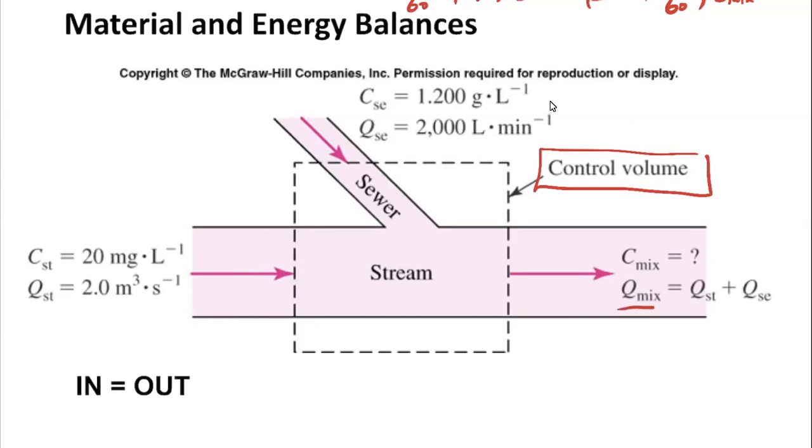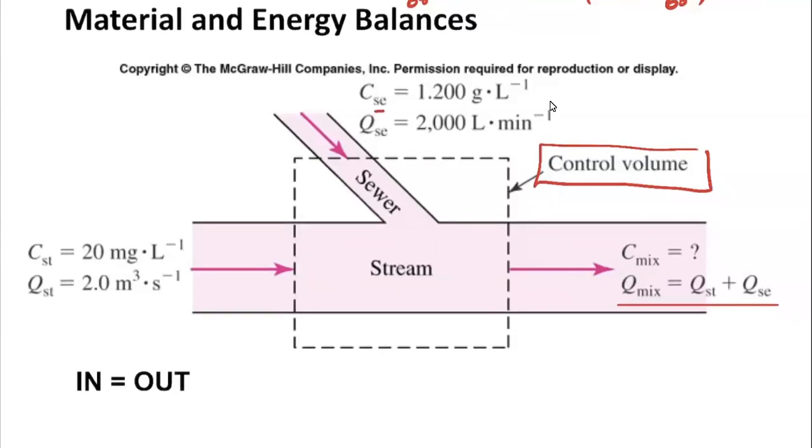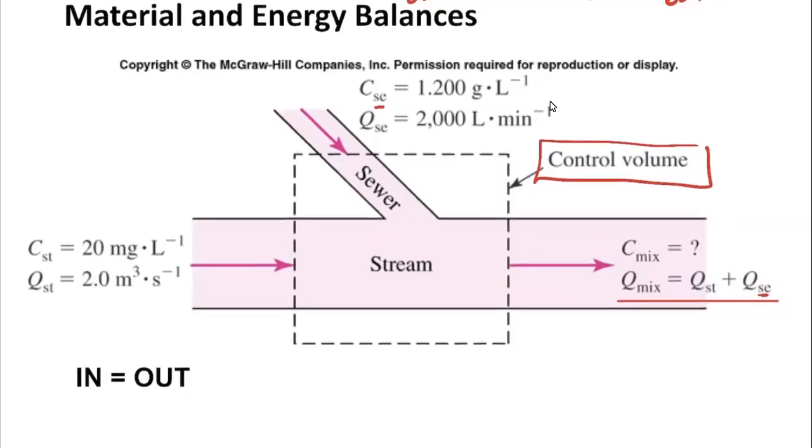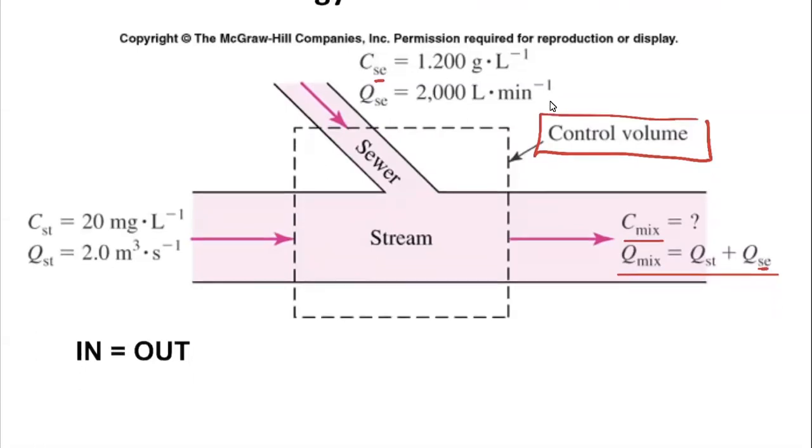So based on the mass balance of the water, you have the Q mix equal to QST, this is stream, and also the QSE. So they name it as a sewer, right? So the QSE here, right? So basically, this is first the mass balance of the flow, and then based on the mass balance of the salt, you can try to solve what is the concentration of the salt after mixing, right?